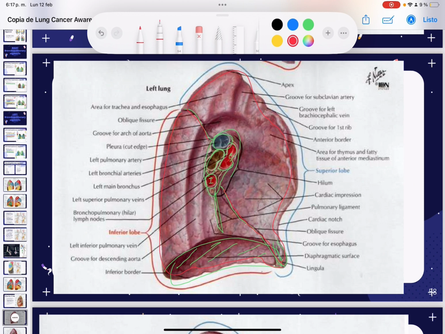We have the groove of the left brachiocephalic vein, groove of subclavian vein, and area for the trachea and esophagus.